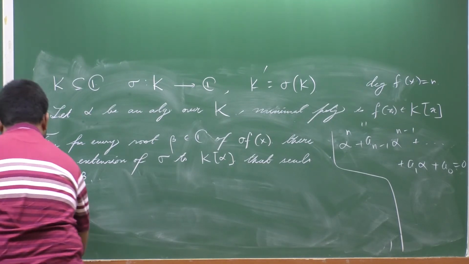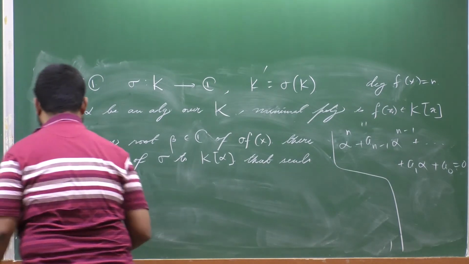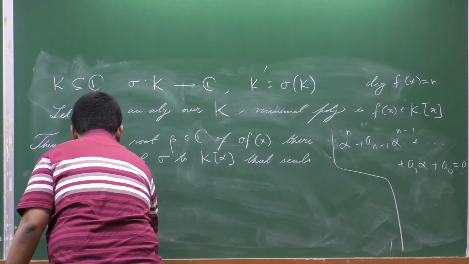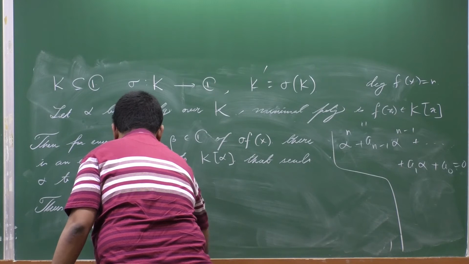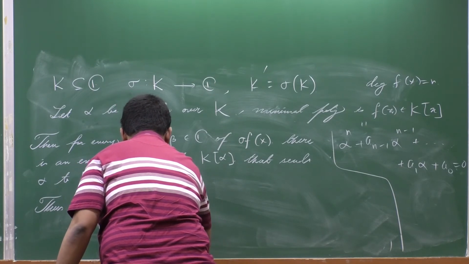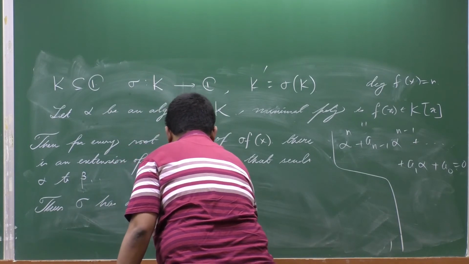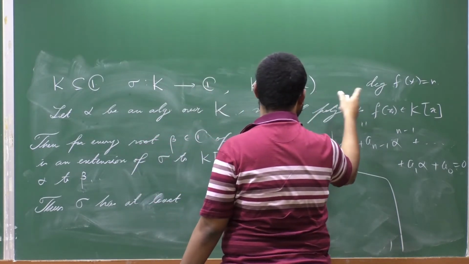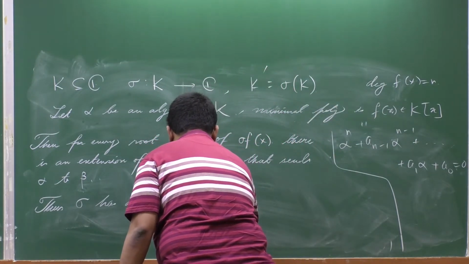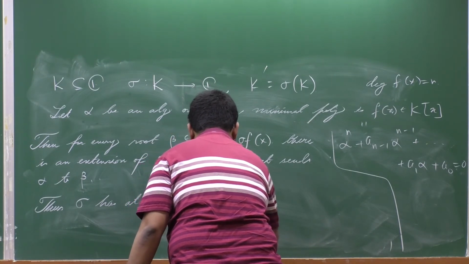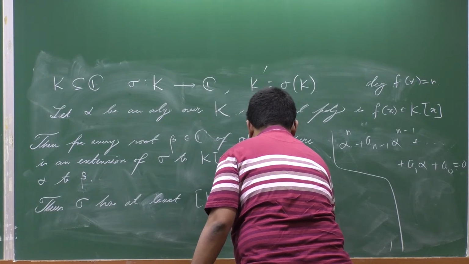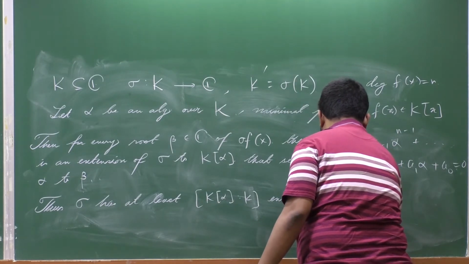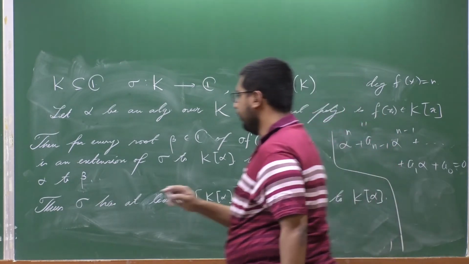Thus sigma has at least n extensions to k(alpha), where n is nothing but the degree of this polynomial. Okay.